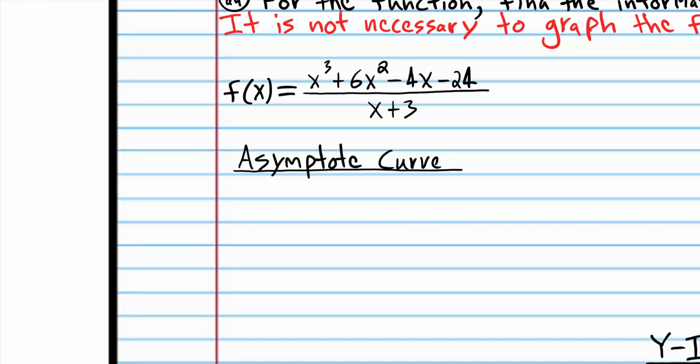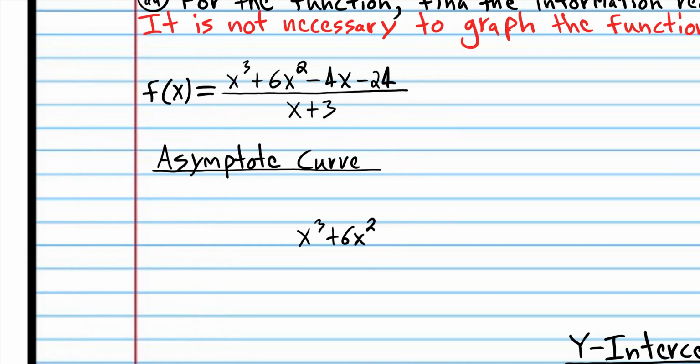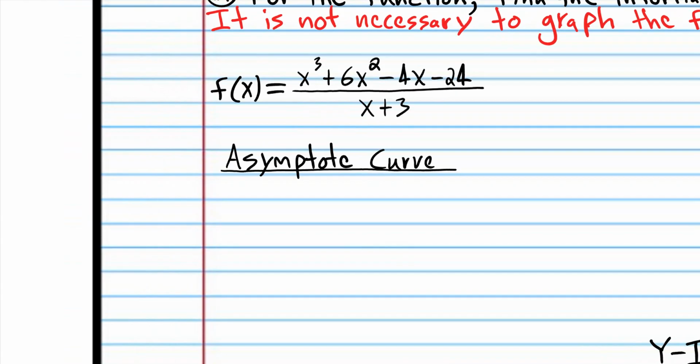So to find the asymptote curve, we have to use long division. Actually, we don't have to use long division. I just realized that we can actually use synthetic division because we have the right divisor.